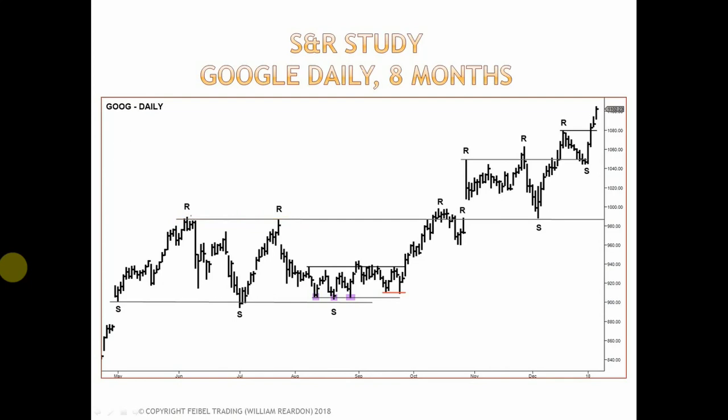Most other support and resistance applicators would draw their resistance level from the high of that bar. But this bar here, where I draw it from, contains price, and therefore I think it's valid.